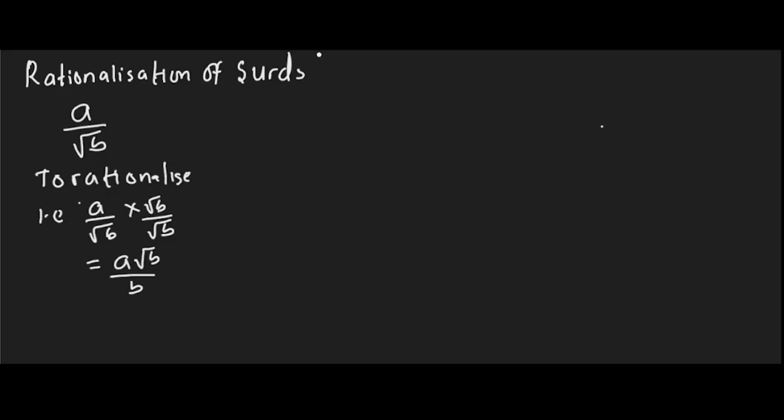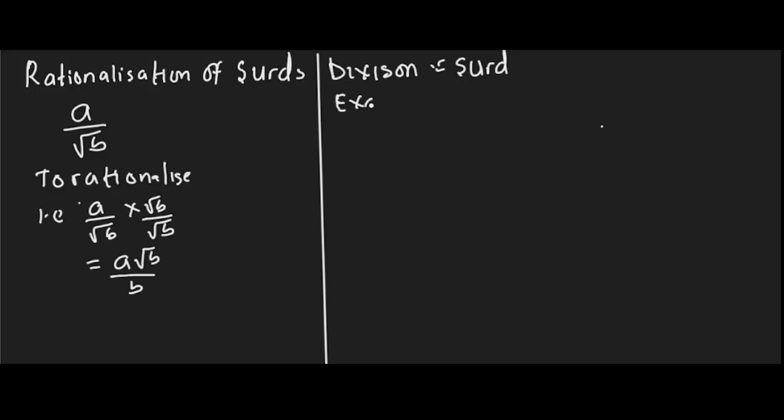Let's take some examples. Division of surd. Example: simplify 6 over root 3.